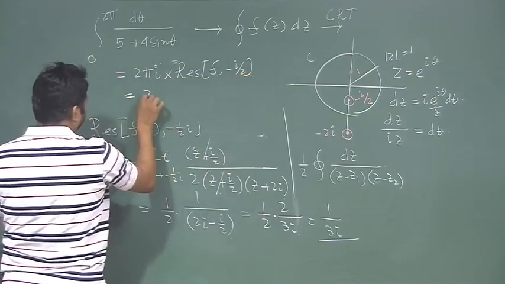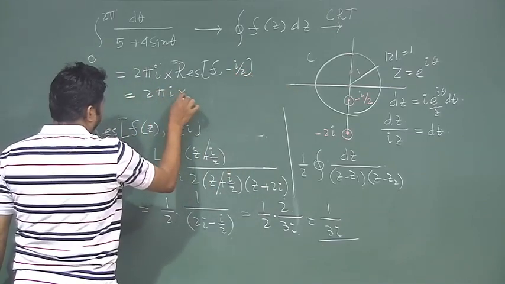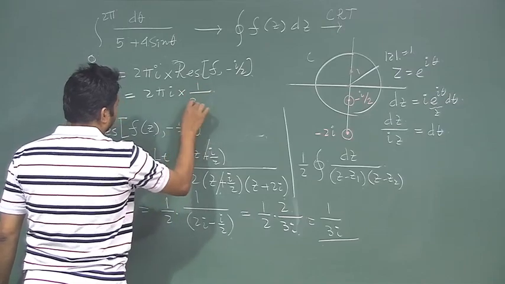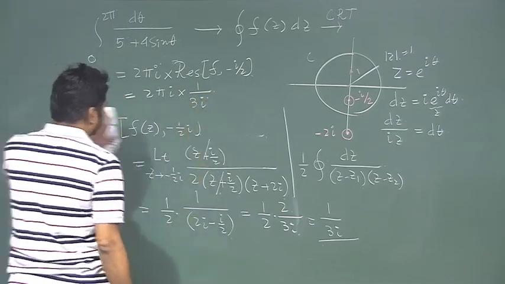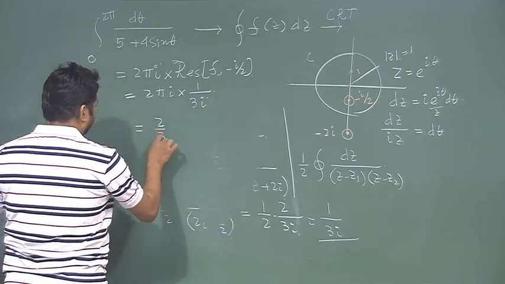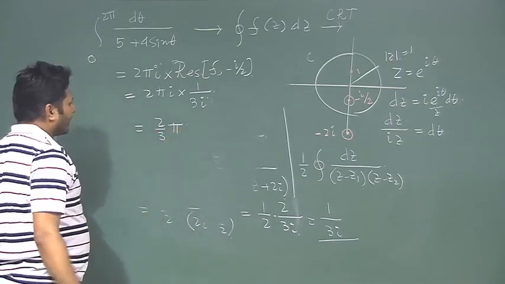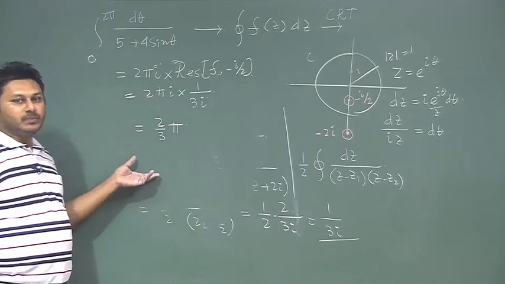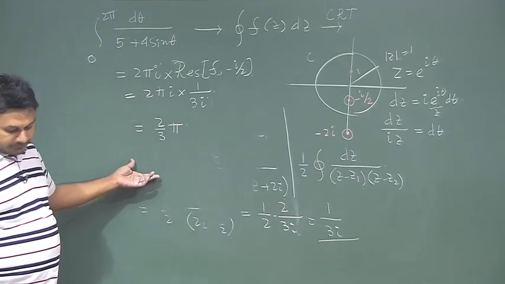So, it is 2 pi I multiplied by 1 by 3 I, and it seems to be 2/3 pi. The result is coming out to be 2/3 pi.